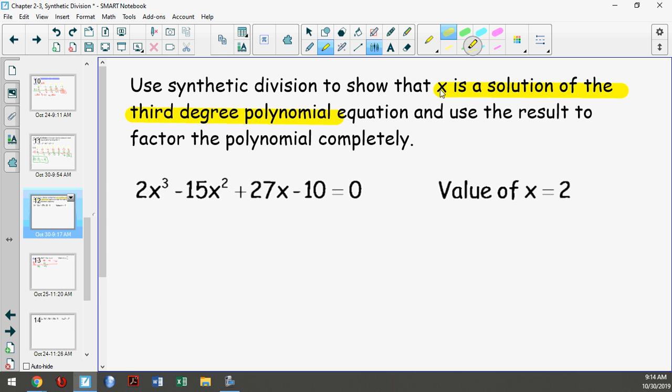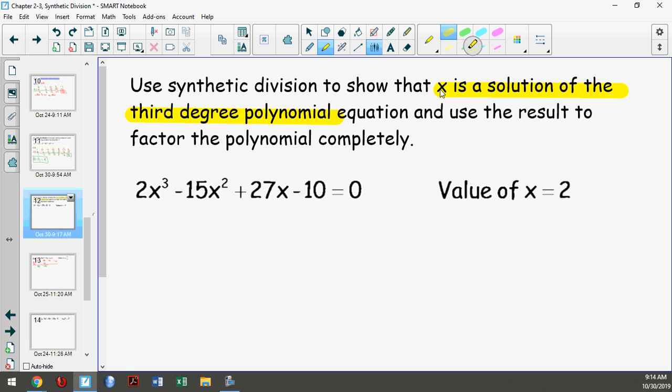Take a stab in the dark. 3. Right, 3. Remember when we did the leading coefficient test? We looked at the degree, we said, hey, it's degree 5, so therefore it's going to have 5 zeros. Hey, it's degree 4, it's going to have 4 zeros. Hey, it's degree 3, it's going to have 3 zeros. Do you remember we talked about that? Same exact thing. This is degree 3, so how many answers is it going to have? 3. It wants you to find all 3 answers.